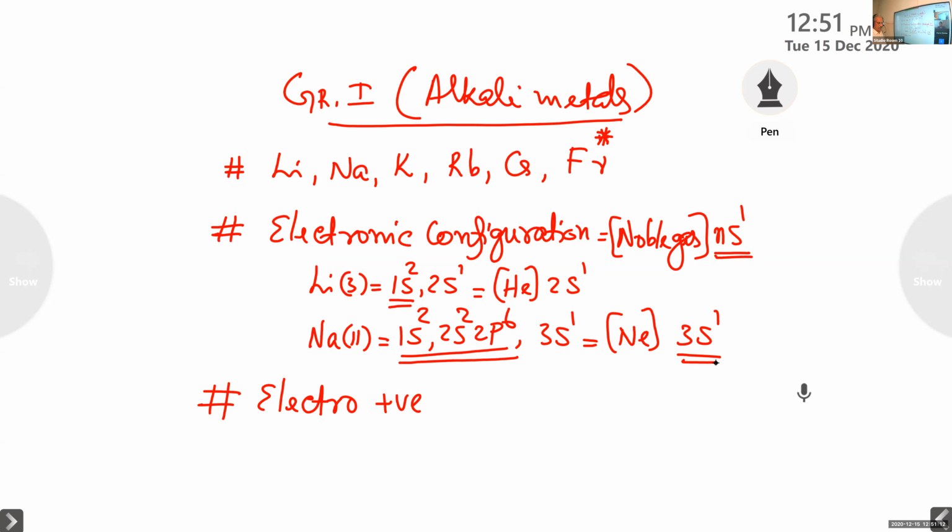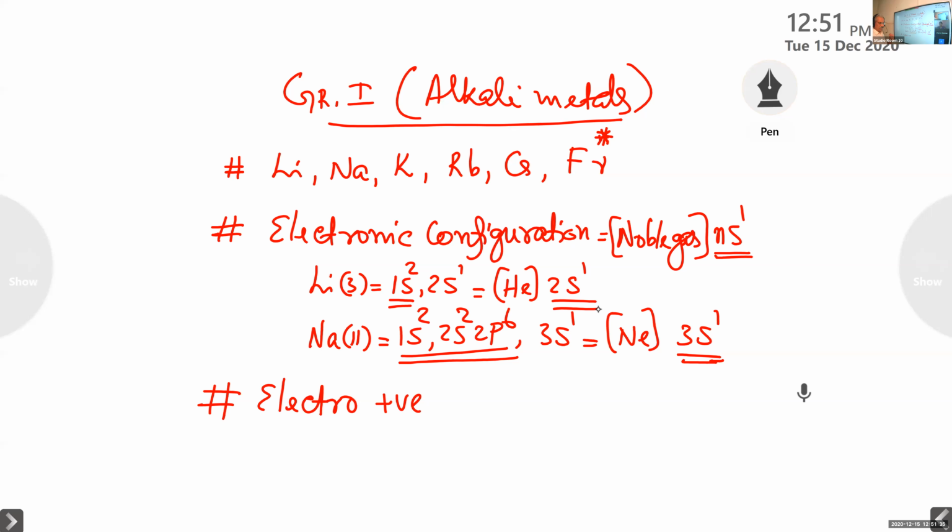These are very large atoms. And the outermost electron, the ns1 electron, is loosely bound to the nucleus. And therefore, the electron can be easily removed.